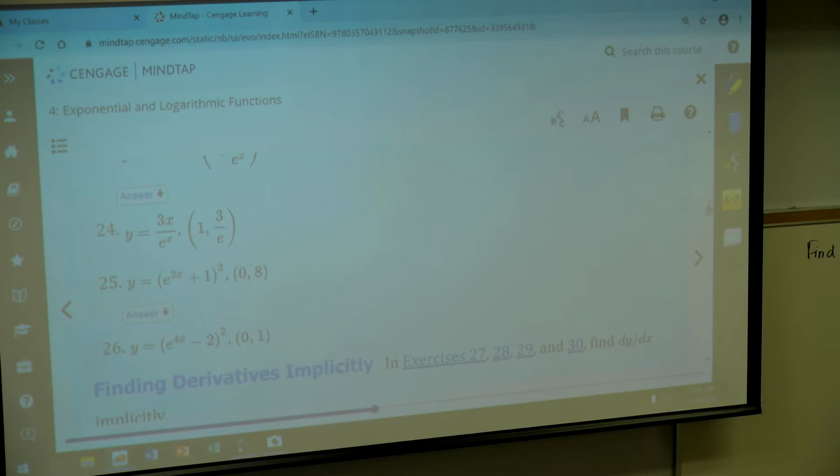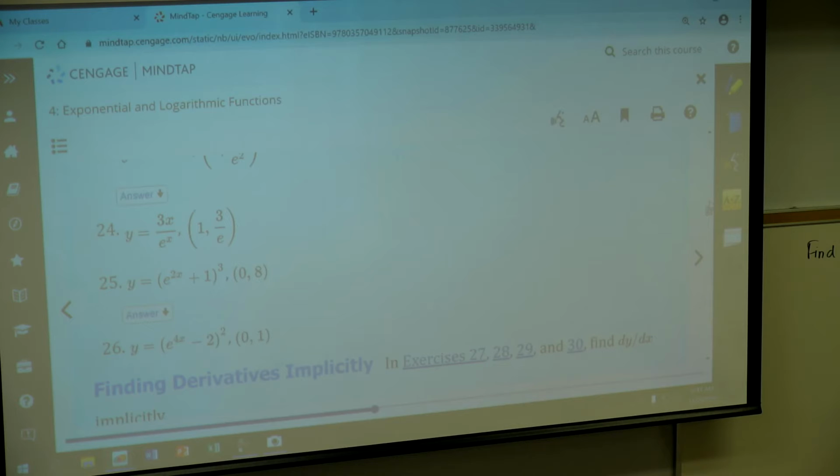Y minus y1 equals m, which is negative 8, multiplied by x minus x1, and x minus 0. You can leave it as is, or you can write it in slope-intercept form. So y minus 1 would be equal to, distribute that negative 8, negative 8x.